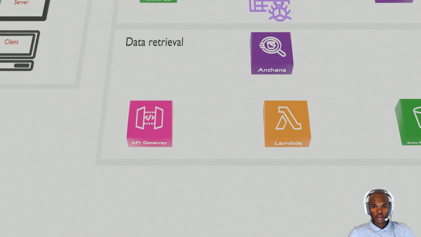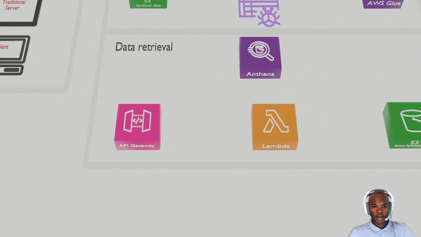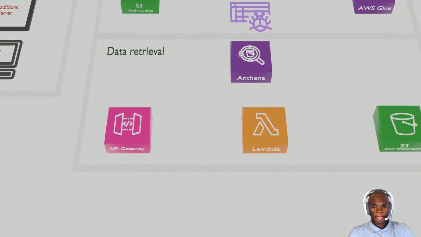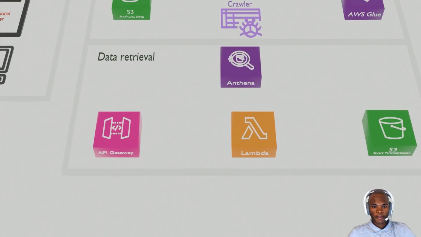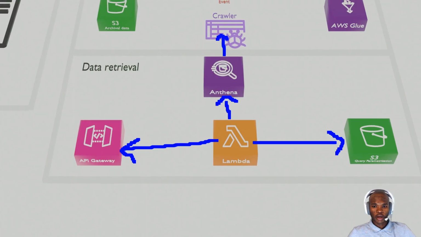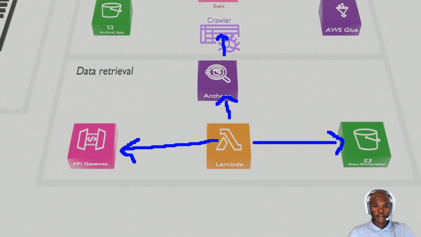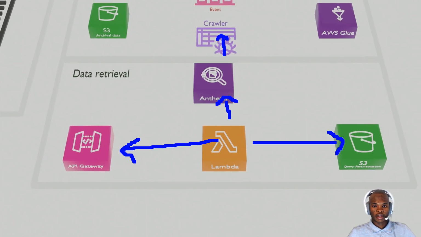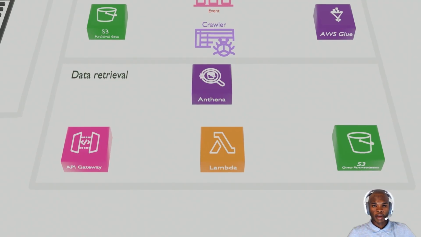Now that we understand this whole process, what if you want to make things more seamless and smoother? Like maybe you have an app or a dashboard that wants these queries on demand. That's where Amazon API Gateway and Lambda come in. API Gateway acts as an entry point, so when a user sends a request, Lambda picks it up, then it builds the right SQL query behind the scenes and sends it off to Athena.